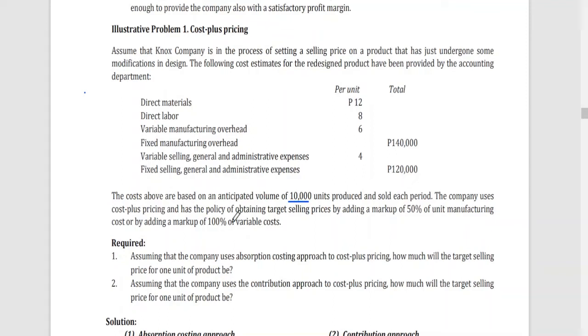The company uses cost-plus pricing and has the policy of obtaining target selling prices by adding a markup of 50% of unit manufacturing cost or by adding 100% of the variable costs. So this is their policy on the pricing. Either they have the 50% of the manufacturing cost, or it could be 100% of the variable costs.